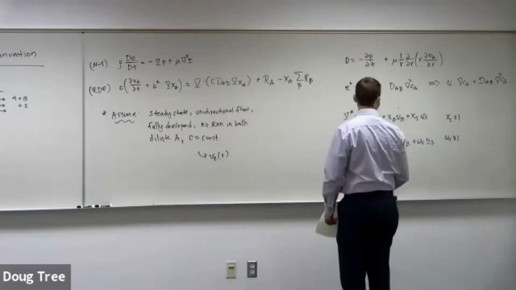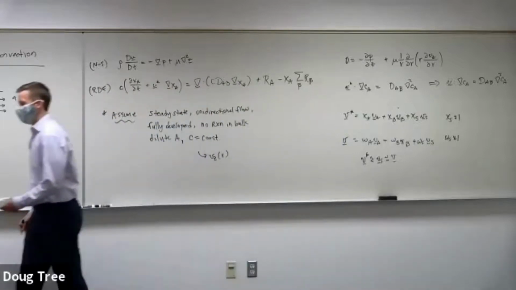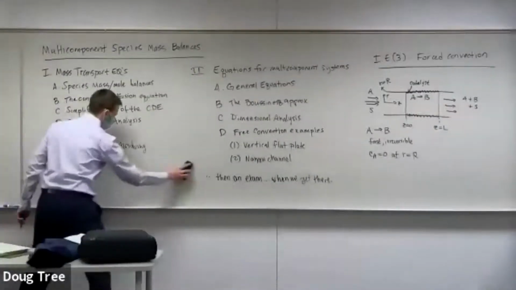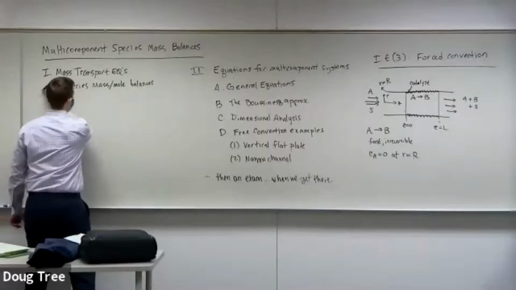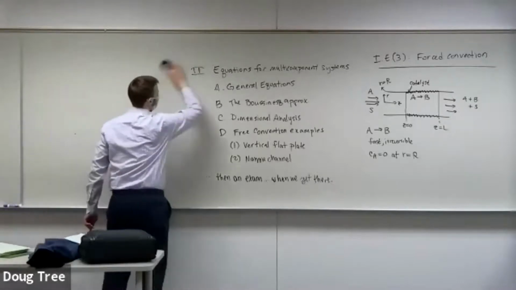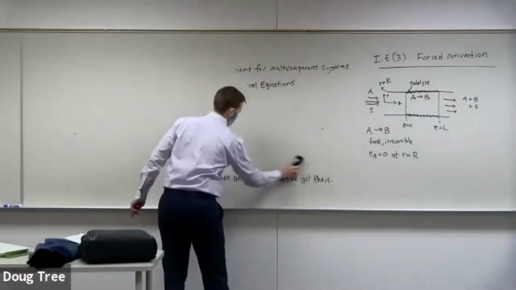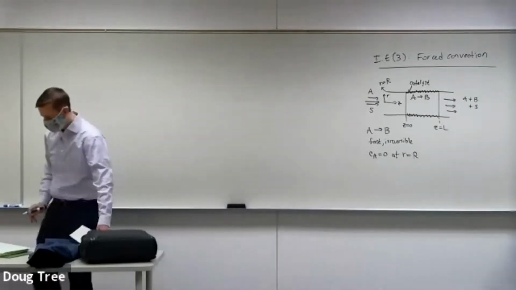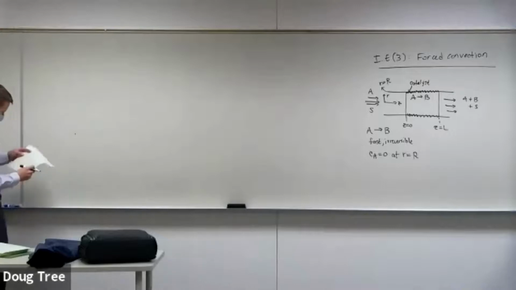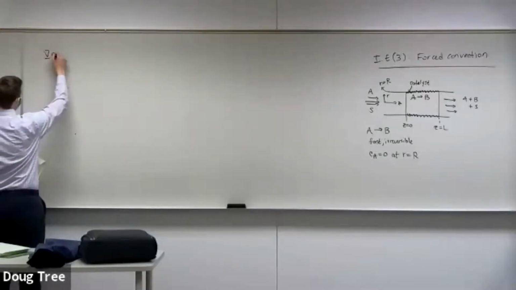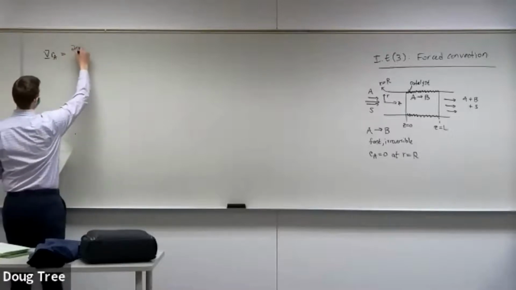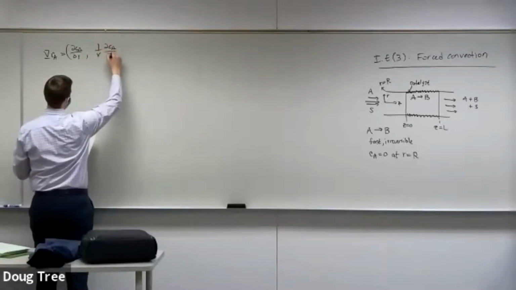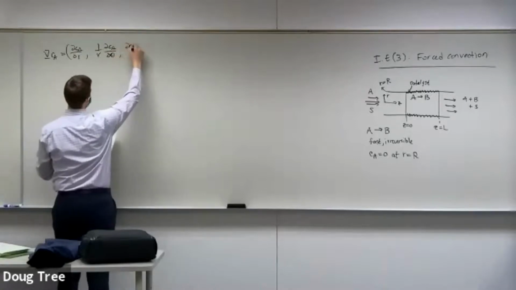And then we need to worry about these guys. So remember that grad CA is going to equal dCA dr, 1 over r dCA d theta, and dCA dz.